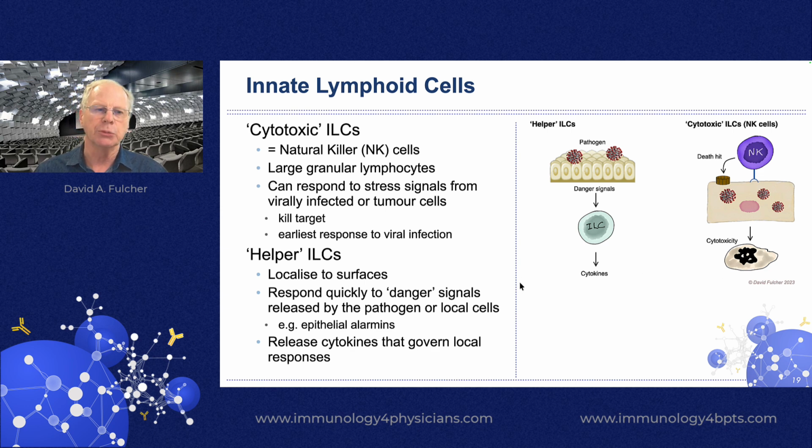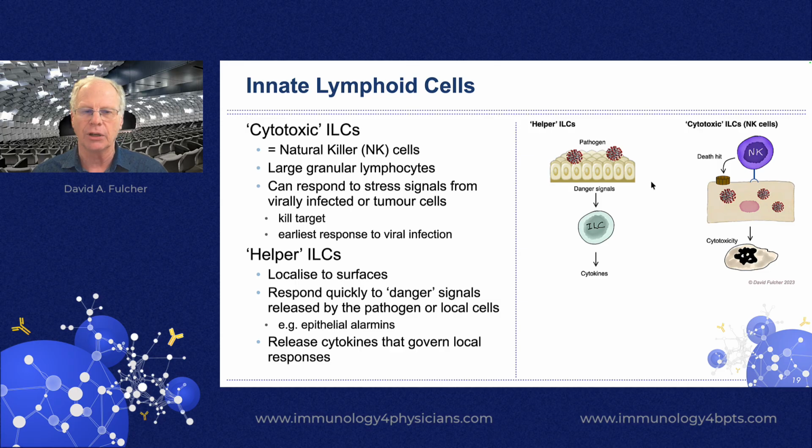On the other hand, the more recently discovered arm of the ILCs are the helper ILCs, as distinct from the cytotoxic ILCs, and these localize around surfaces. They also recognize danger signals released by those surfaces.